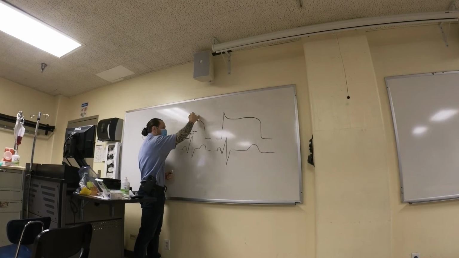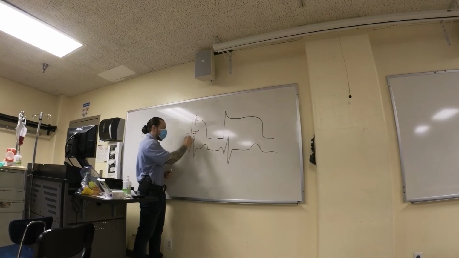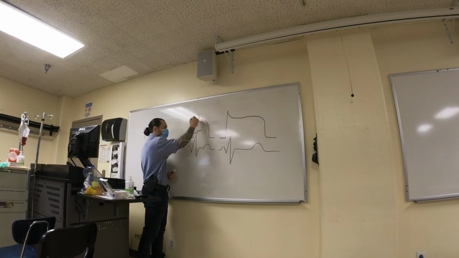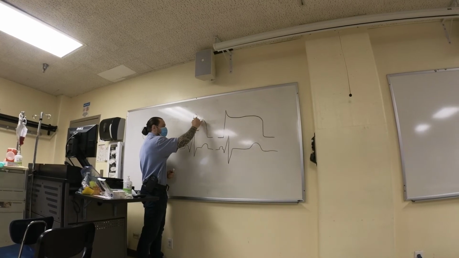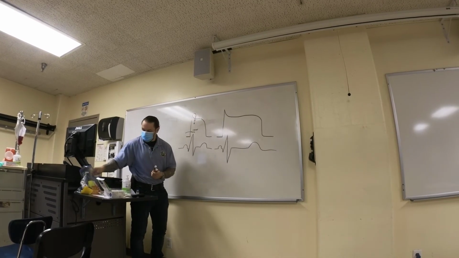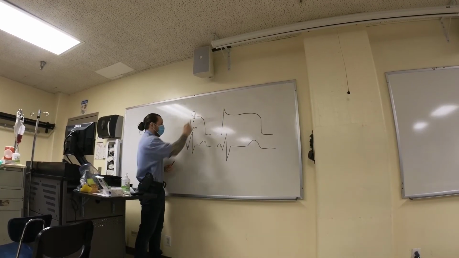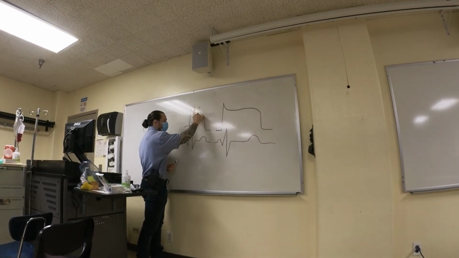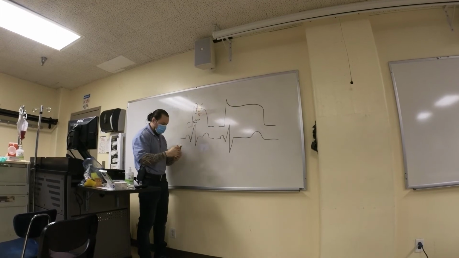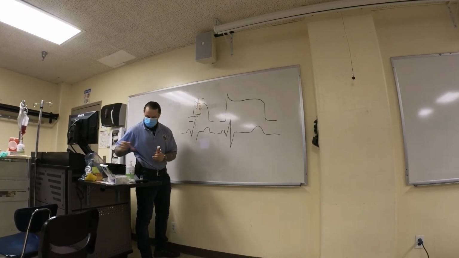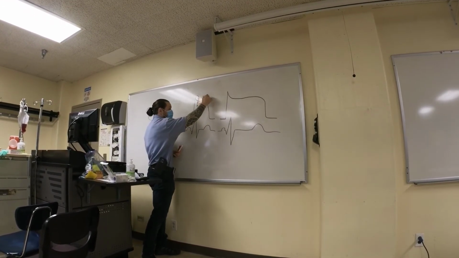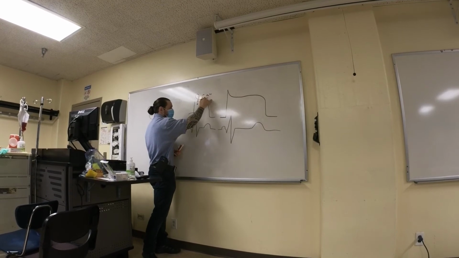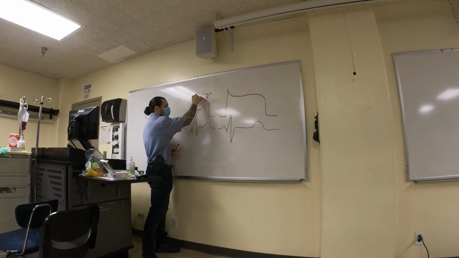Then sodium from the outside came in through the voltage-gated channels, and you had this upstroke. And over here, we had potassium channels that were open, potassium was leaving, and calcium was coming in through the same channels. And this would cause this plateau.